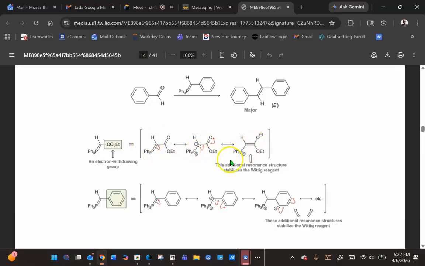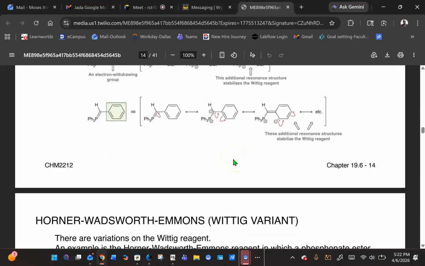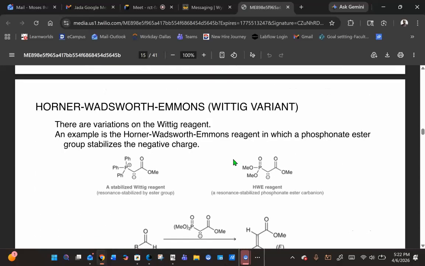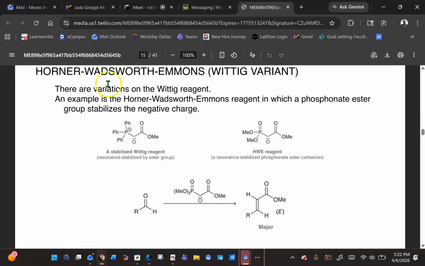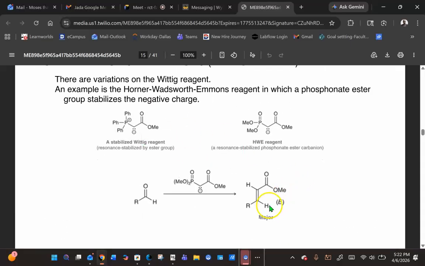And whenever it's resonance stabilized, it tends to give you, we call that the Horner-Wadsworth-Emmons modification. It should give you an E. So you see how we've been using PPh3?